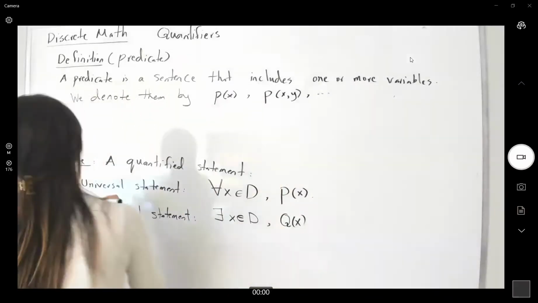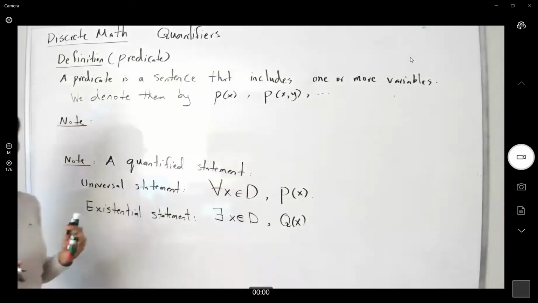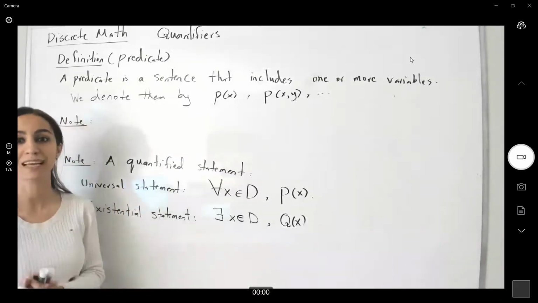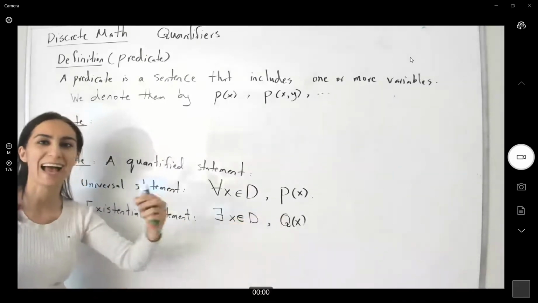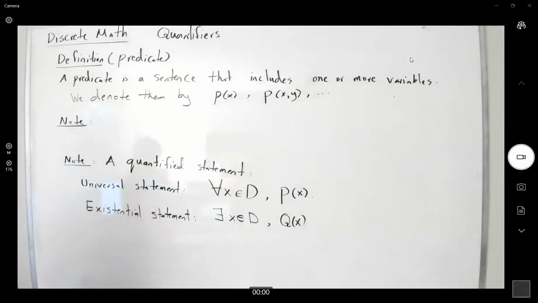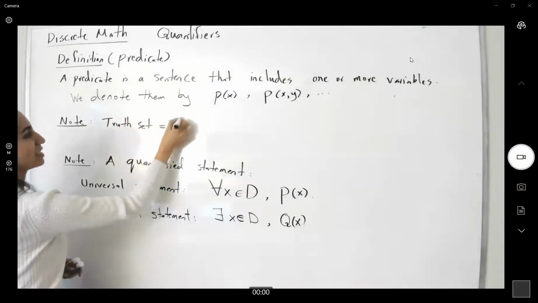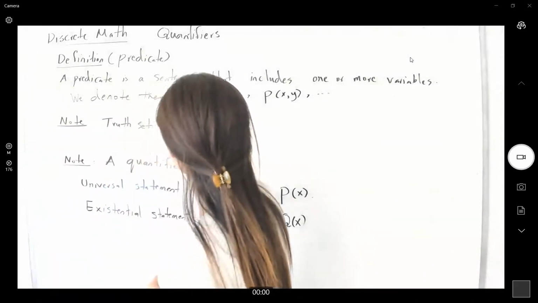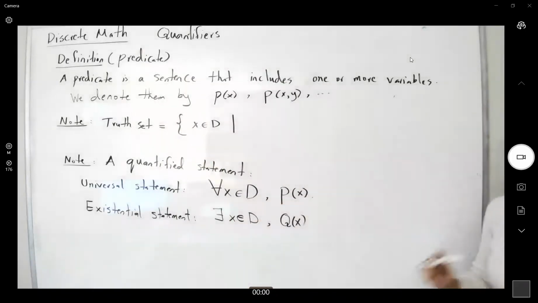Well, note that we have something that we call the truth set. Truth sets are the actual values for which the predicate is true. So the truth set is equal to the set of all values in the domain, all x values in the domain, such that the predicate is true.